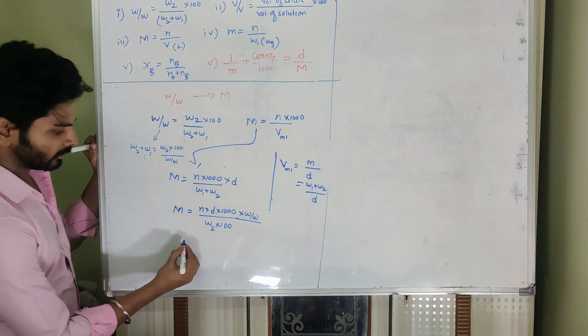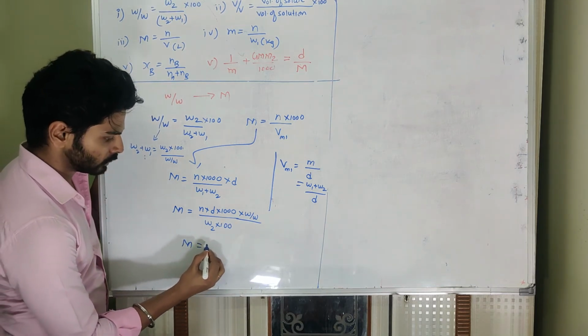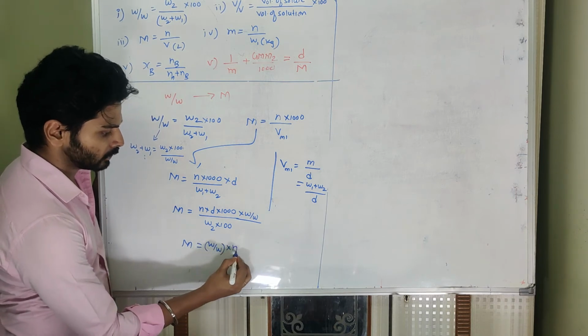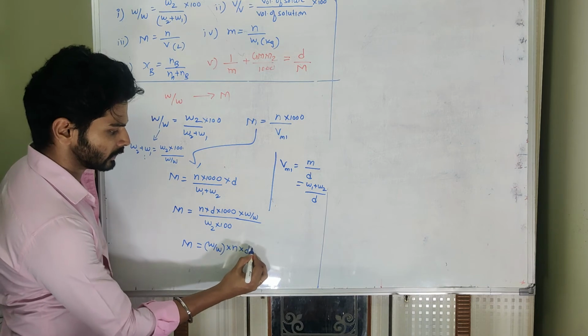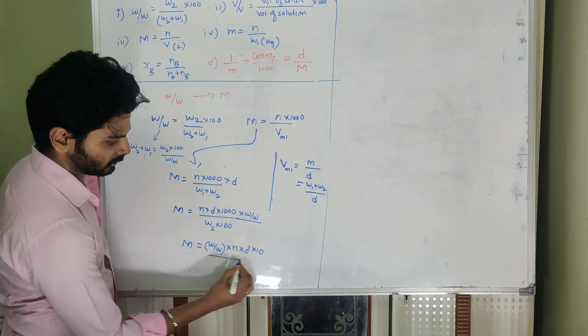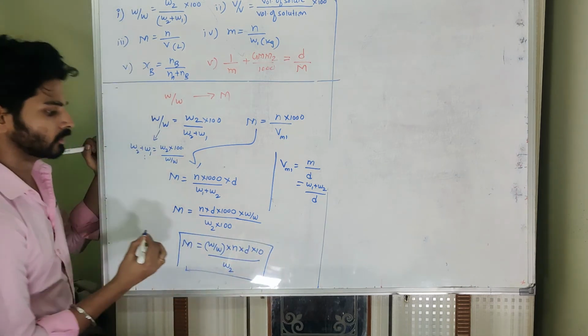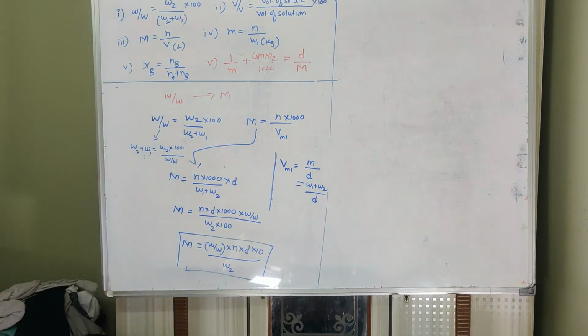So now this becomes M is equal to W by W, that is a percentage, into density into 10 divided by W2. So this can be used to calculate directly molarity from mass percent.